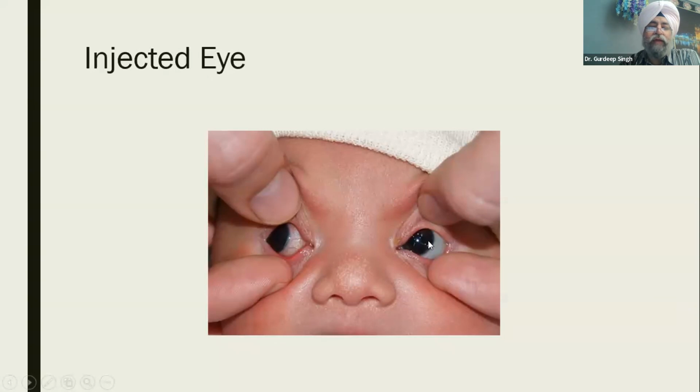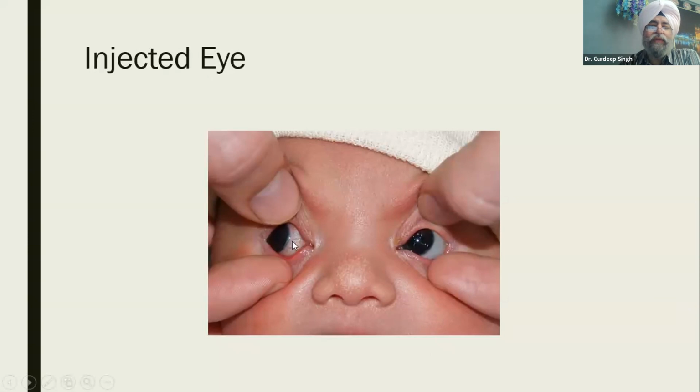This eye looks quite normal, with a healthy looking cornea, the pupil is fine, and the sclera is also quite white. But if you compare this with this, you can very well see some difference in the outer circle, the sclera here, and we can see the congestion here.